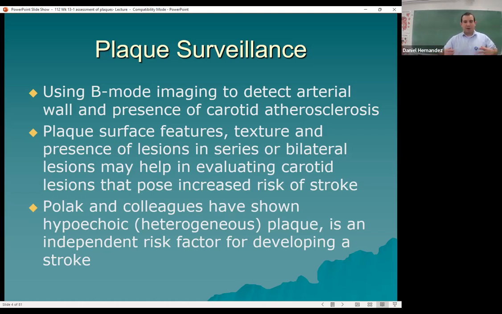Are there areas that appear more anechoic? Maybe this is a hemorrhagic plaque that's bleeding. This 2D presentation helps us get a good idea of what the plaque is comprised of and the potential risk of that plaque starting to break down and cause emboli or microemboli. We'll learn that homogeneous smooth plaques are a lot more stable than plaques that appear heterogeneous.